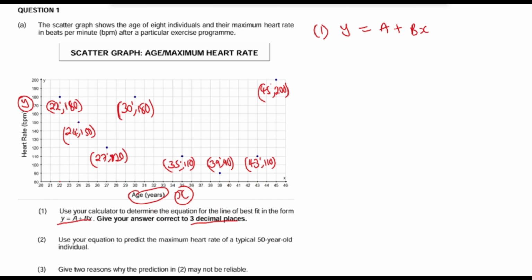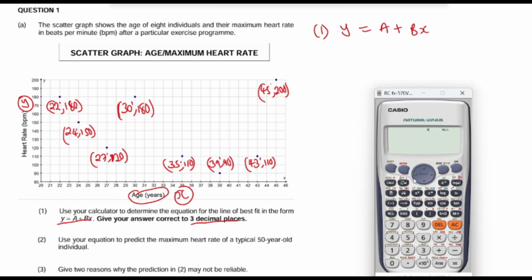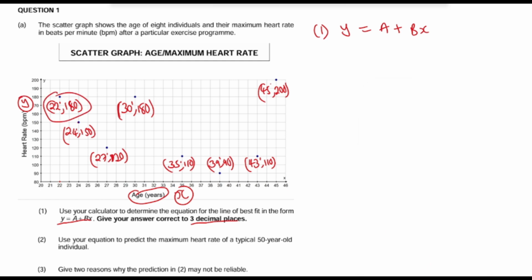Let's take our calculator. We go to mode and then we look for statistics. In this calculator it is key 3, so we press 3. In other calculators it may be different. Then we look for a plus bx. In this calculator it is 2, so we press 2. Then we enter our values. We start with the first one, which is 22 and 180.